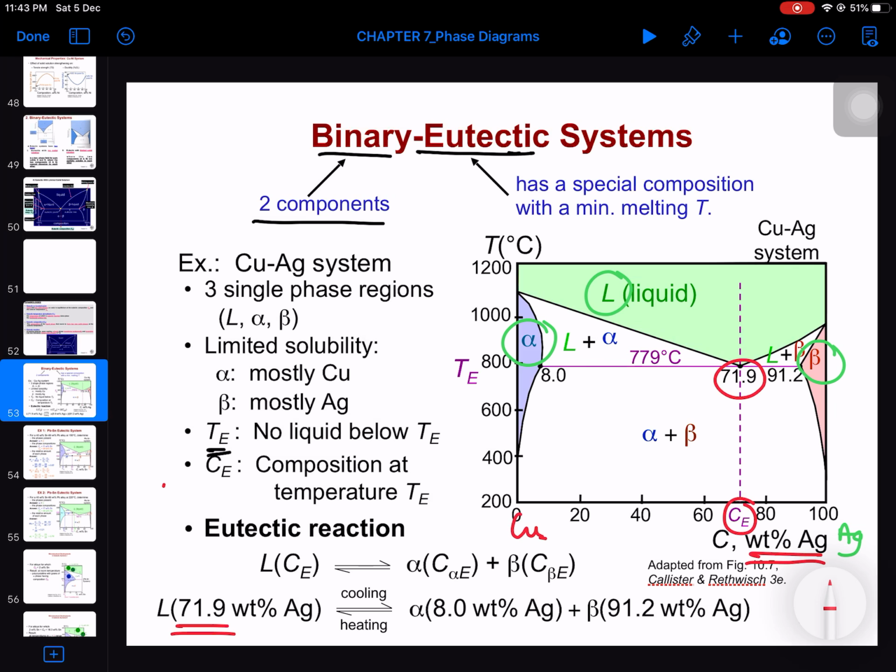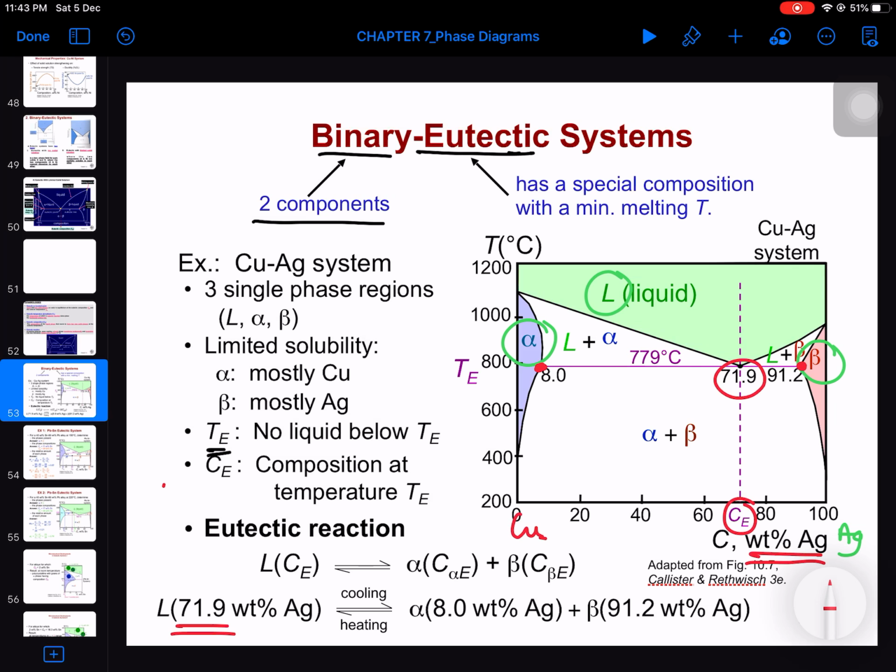Upon cooling, it will become alpha plus beta. The 8% here is this point, referring to the maximum solubility limit of silver in copper, and beta is here at this point, 91.2 weight percent silver. This is actually referring to the maximum solubility limit of copper in silver.